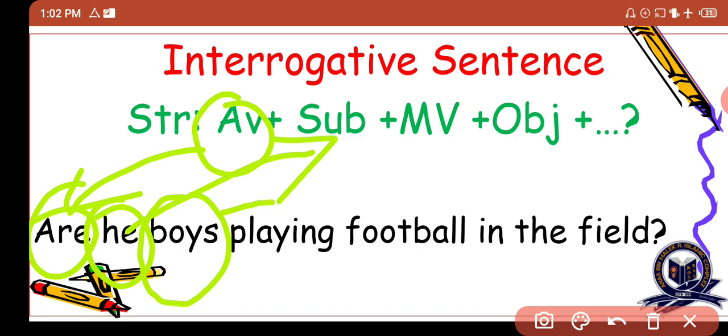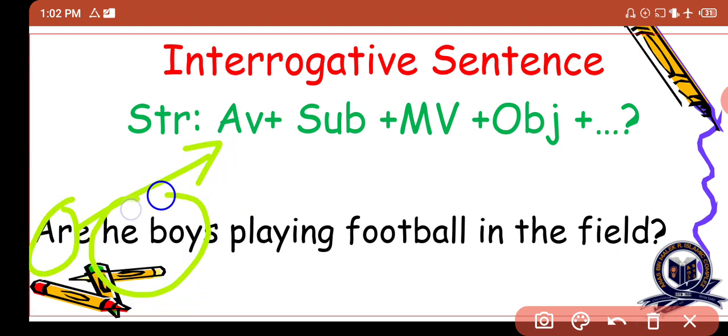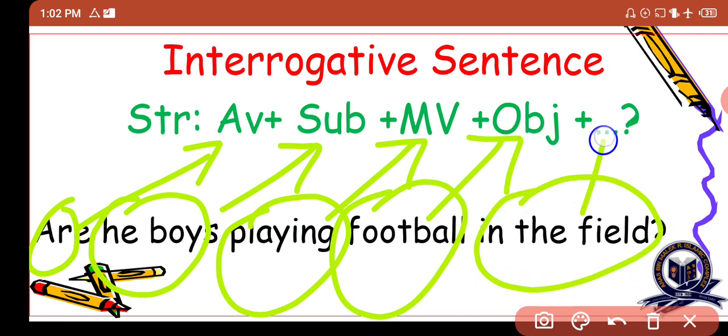Playing represents the main verb. Football represents the object, and the rest represents the extra part. And it will end with a question mark.